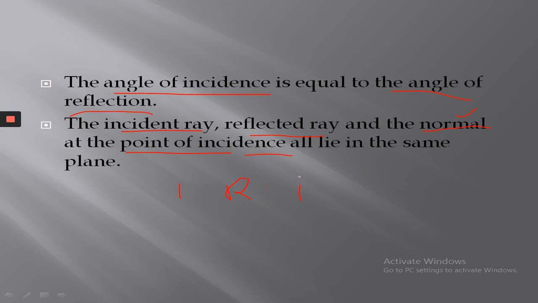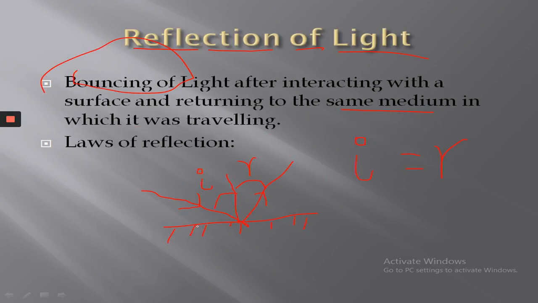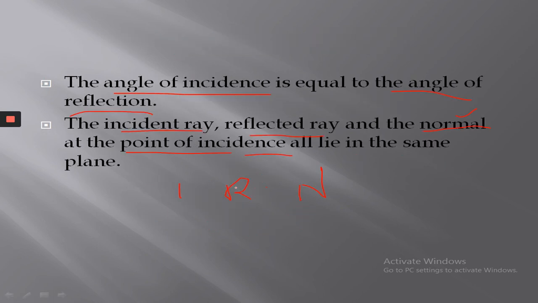These three straight lines will be in the same plane. Remember, this is the incident ray, this is the reflected ray, and the middle one, that is 90 degrees to the surface, is the normal. All these three straight lines will be in the same plane.